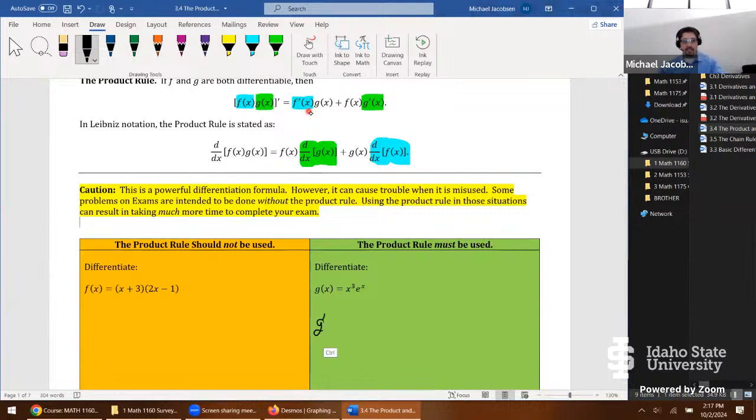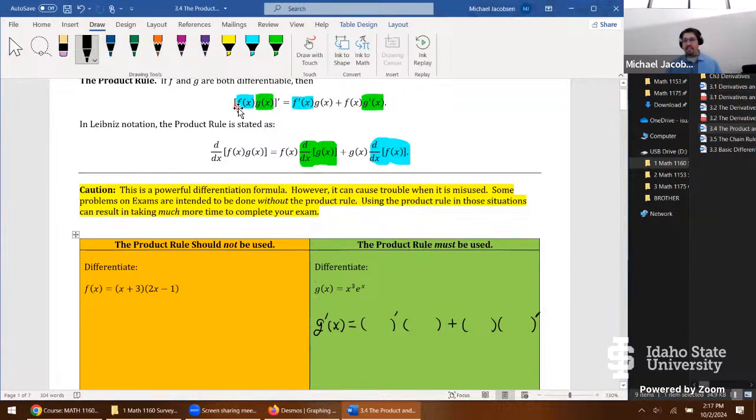G prime, let's make that a more convincing prime symbol, there we go, equals, where the red dot is, we differentiate something, we move over and we just multiply by something. Then we go plus, we multiply by something here, not differentiated, so there's no prime symbol. Then finally over here, we multiply by a derivative. So we'll put a prime symbol on that one.